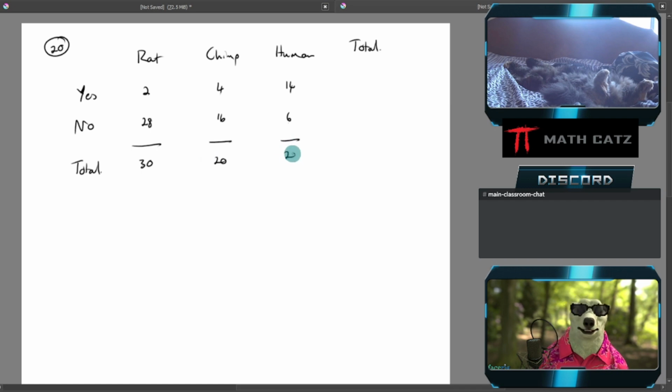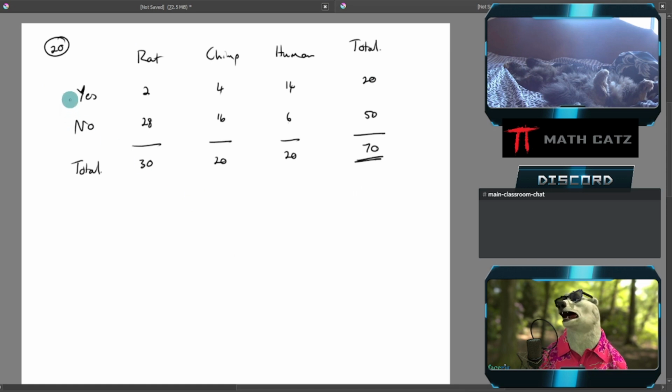Add up the humans, 20 were in the study. Add up the rows, rather. 2, that's 6, that's 20. 28 and 16, 44, so 50. We add those up, we get 70. So there were 70 individuals tested in this study.